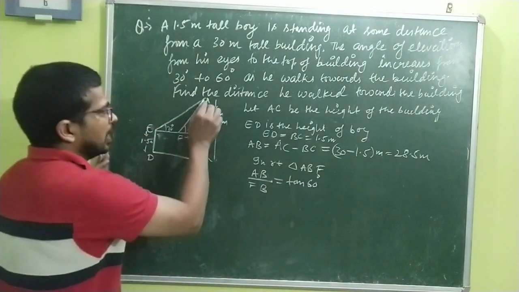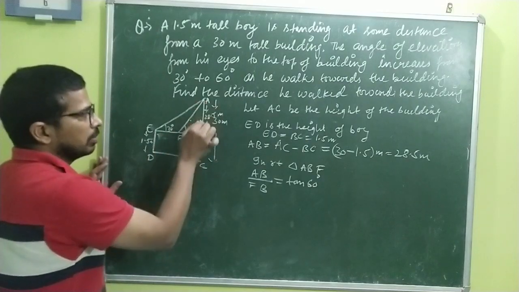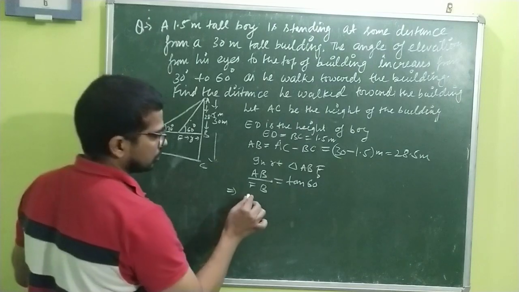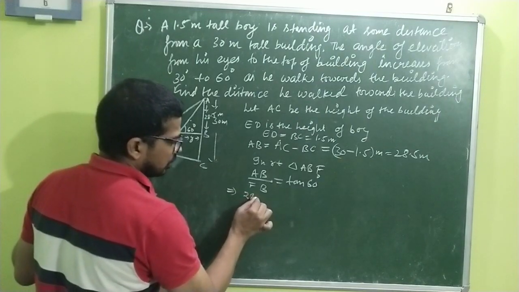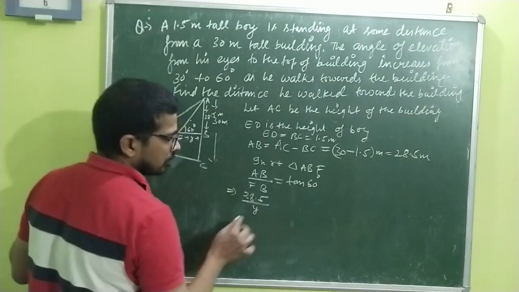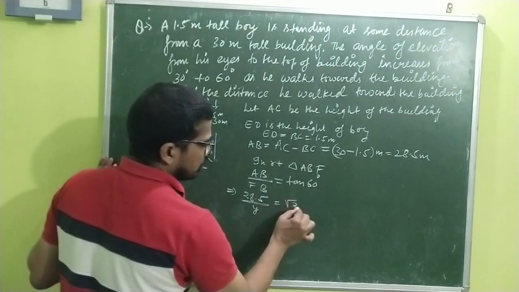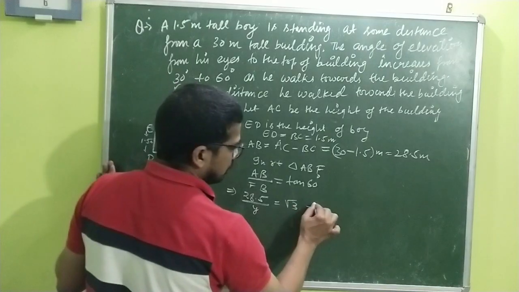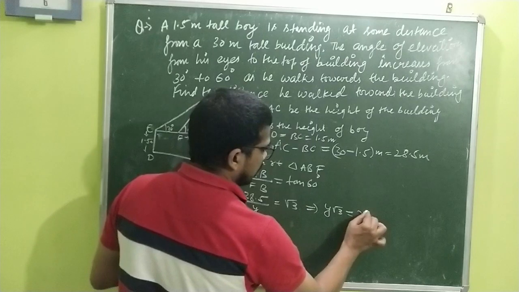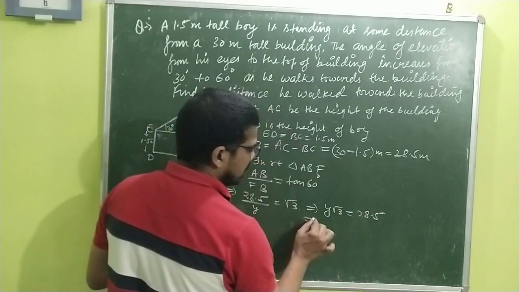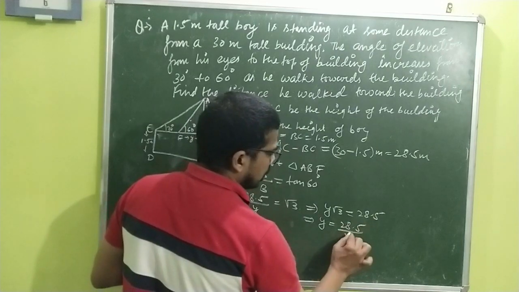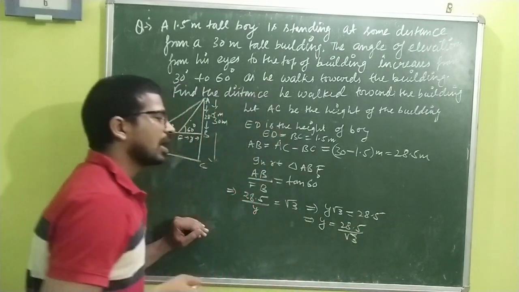According to this angle, this will be the perpendicular and this will be the base. So AB is 28.5, and I have taken the base as y, is equal to √3. Even I can write it as y√3 is equal to 28.5, and this implies y is equal to 28.5 over √3. I can rationalize this afterwards.